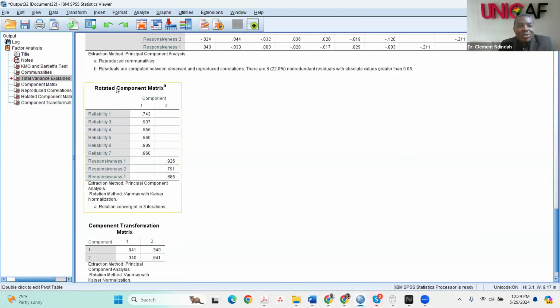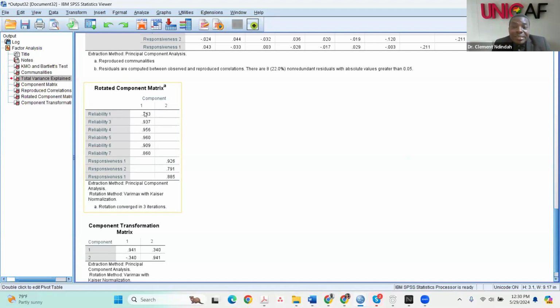So now we come to our rotated component. This tells us the different variables here. So we should have one factor that will capture reliability. In this particular case, we'll have one dimension of customer satisfaction, with respect to the data that we have, and that is reliability.